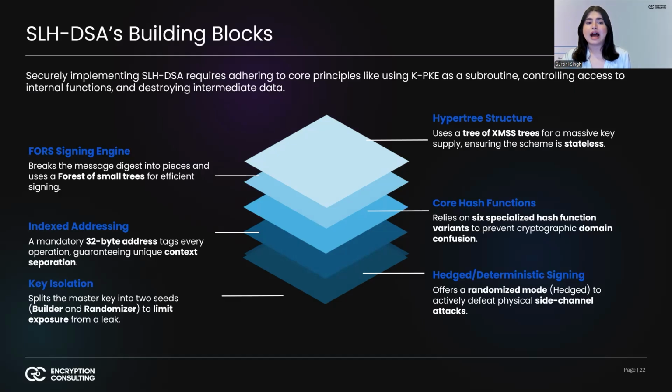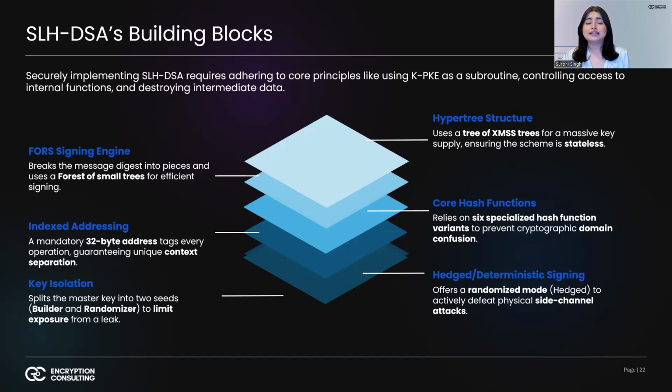The stateless hash-based digital signature algorithm provides quantum-safe security, and its brilliance lies in 6 critical interconnected design principles. The hypertree is SLH-DSA's master architectural solution to the problem of key reuse, which is fatal to older hash-based signatures.